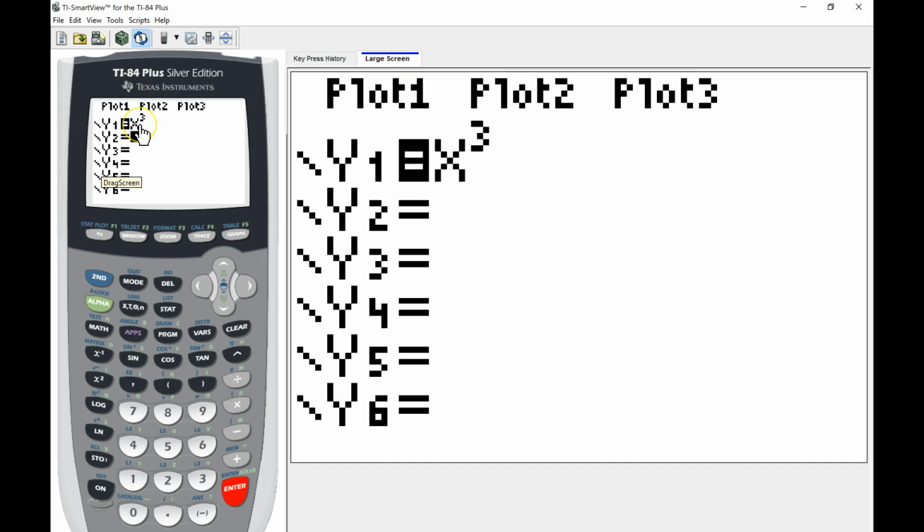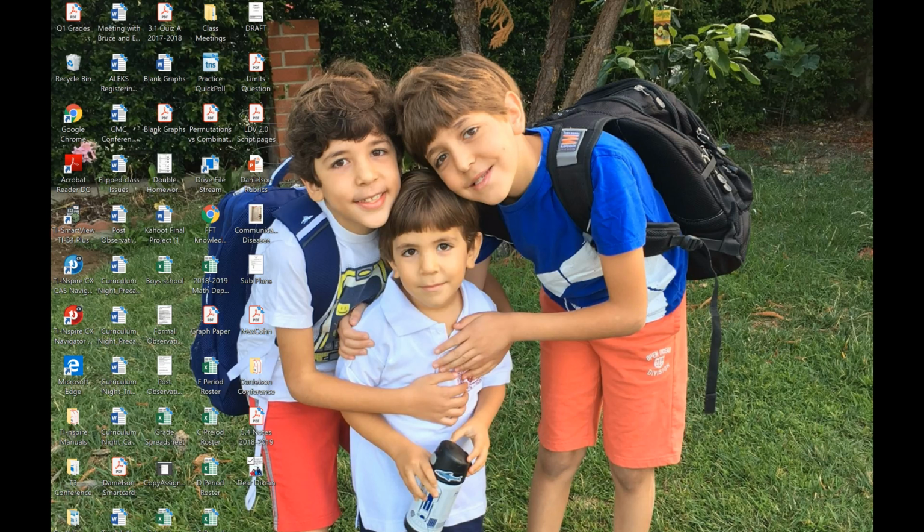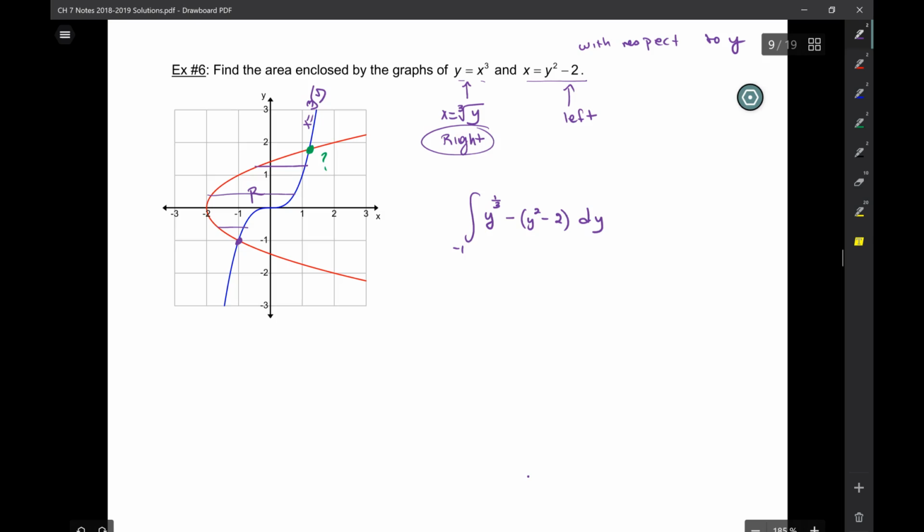And then here, I need to put this in as y equals. So take a look here for a minute. If x is equal to y squared minus 2, then what's y equal to? X plus 2 is equal to y squared.